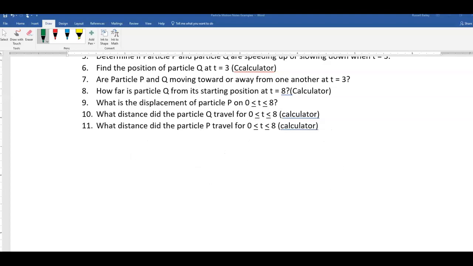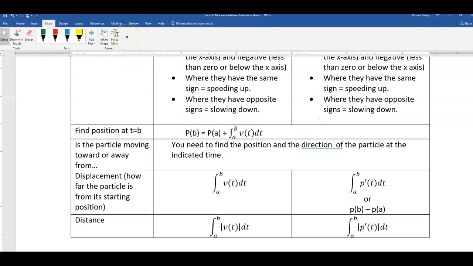All right, so for question number 7, another common question that's asked is, are the particles moving toward or away from one another? I don't know if I did that on my reference sheet for these types of questions. Oh, okay, I did. It's right here. So is the particle moving toward or away from something? When you do that, you need to know the object's position and its direction.